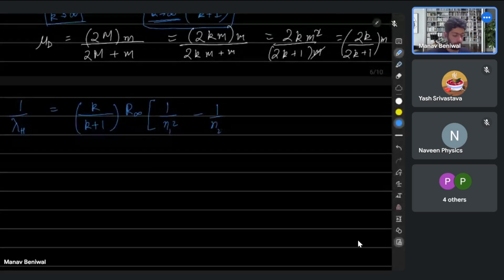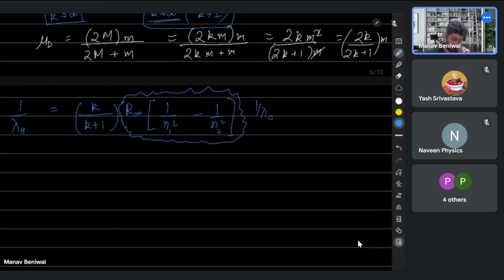Okay, now this thing is 1 over lambda naught, as we just wrote down previously.